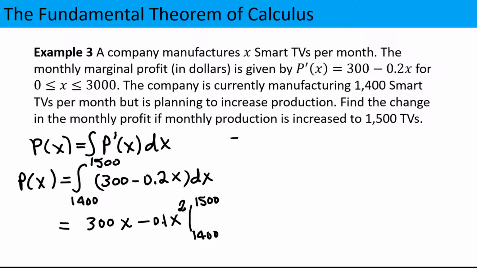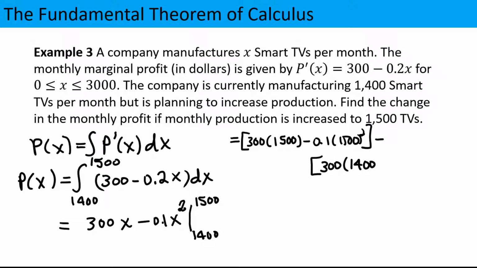So let's proceed. We will have 300 times 1500 minus 0.1 times 1500 squared, minus 300 times 1400 minus 0.1 times 1400 squared.